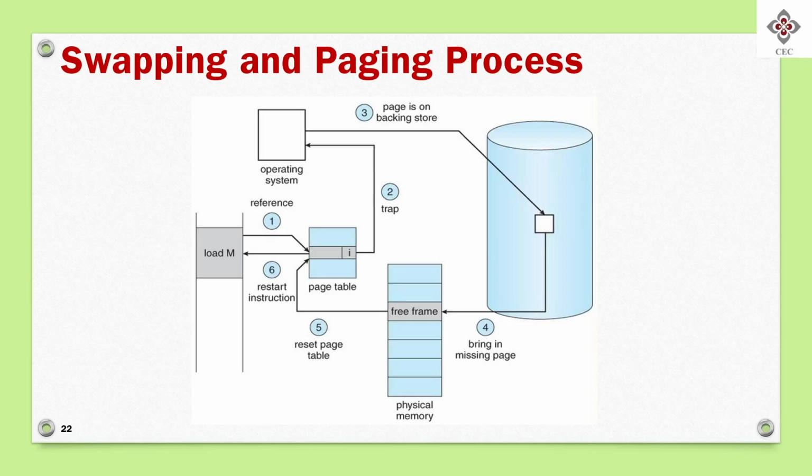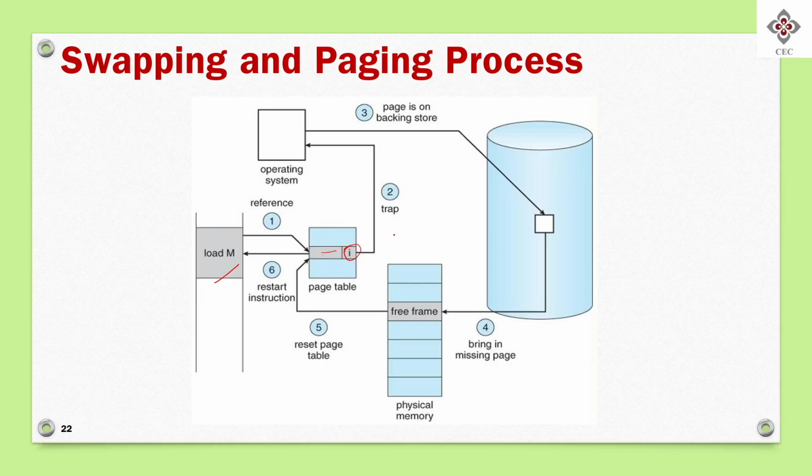This slide shows the full process of swapping and paging. It has the instruction load m, so now you have to load the memory. The first step is it refers to the page table. The page table says that for this reference the bit is invalid. If it is invalid, then the required page is not available.